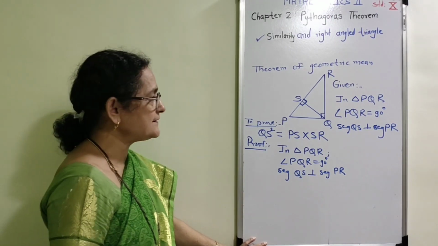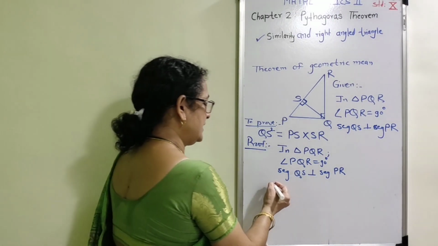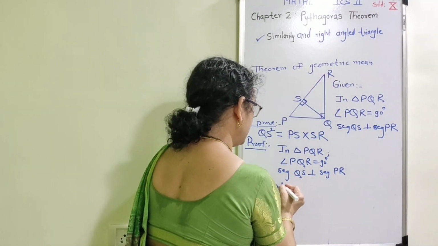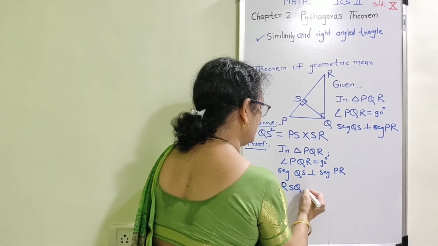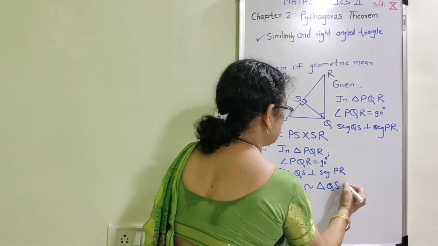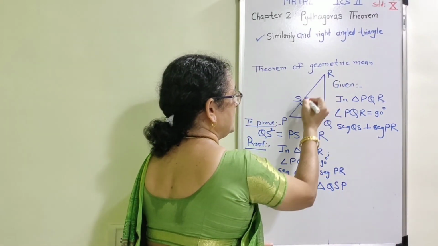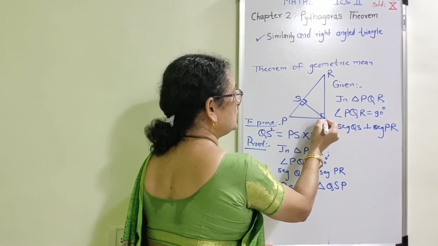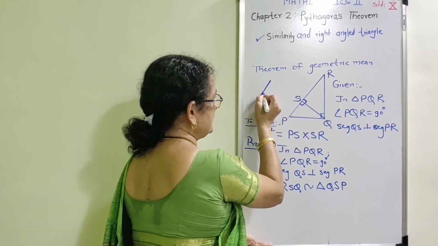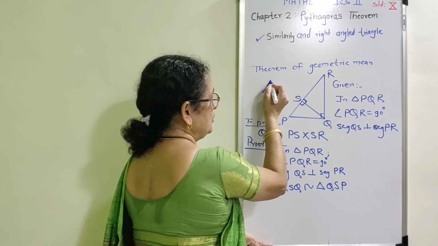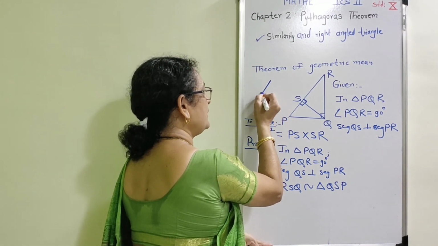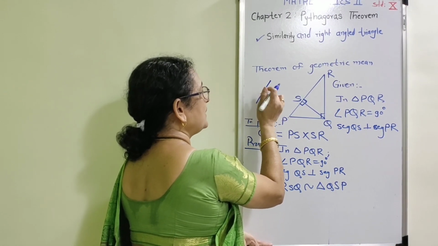Therefore we will get three triangles similar to each other. From those three triangles, I am going to write the smaller pair, that is, start from R. Triangle RSQ is similar to triangle QSP. R S Q, Q S P. When you are going to write the one-to-one correspondence, start from the point where you have started the bigger triangle, come to this, again go here and make a sign of perpendicularity.